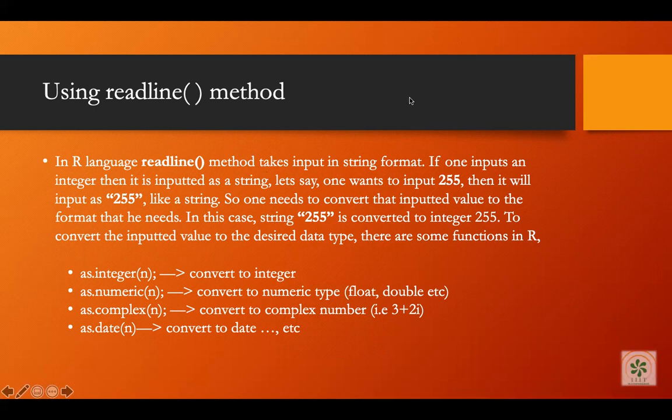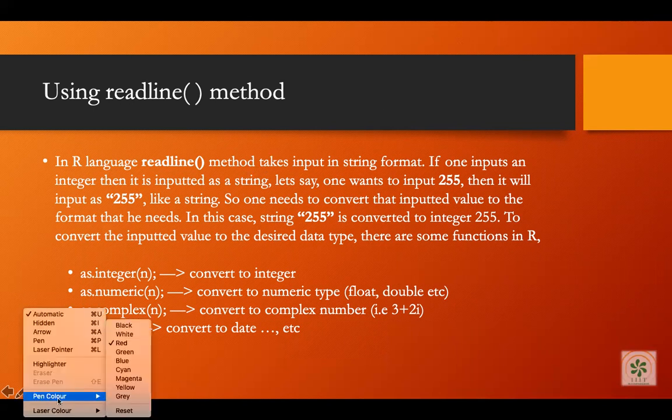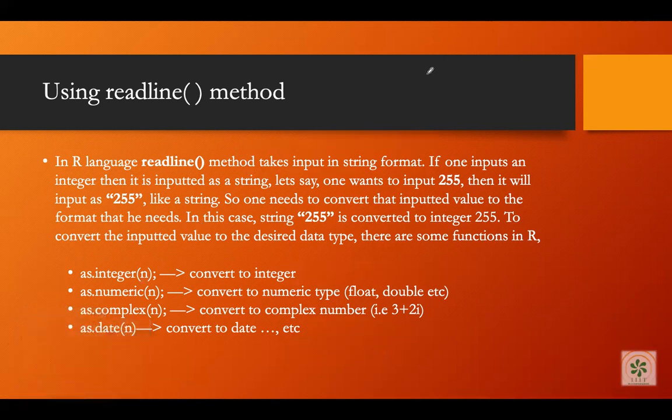Let's say we want to provide a particular value, like x value, and I want that it should be integer. So let's say the user has given the value as 10. But 10 will not be taken as an integer by readline. It will be taken as a string like this.